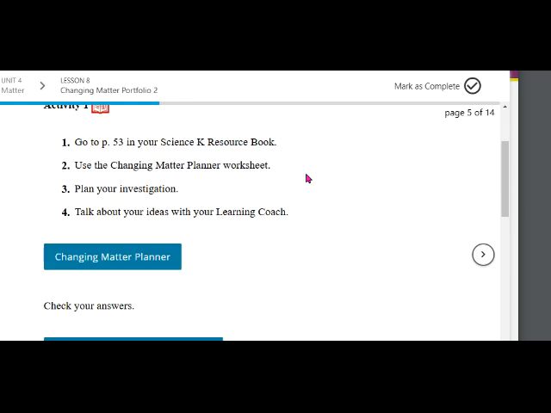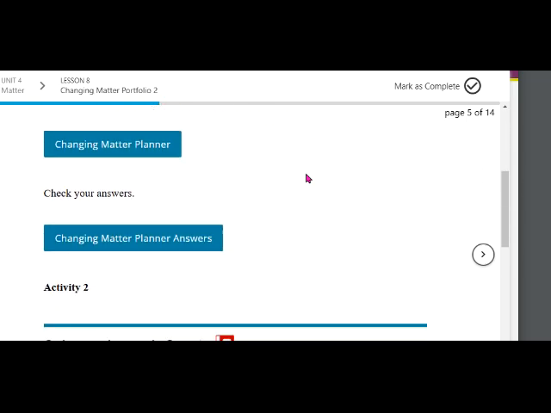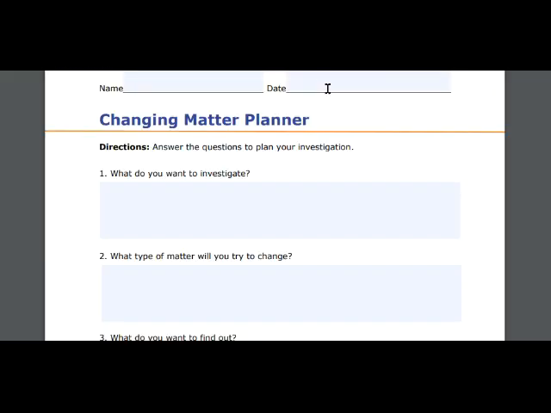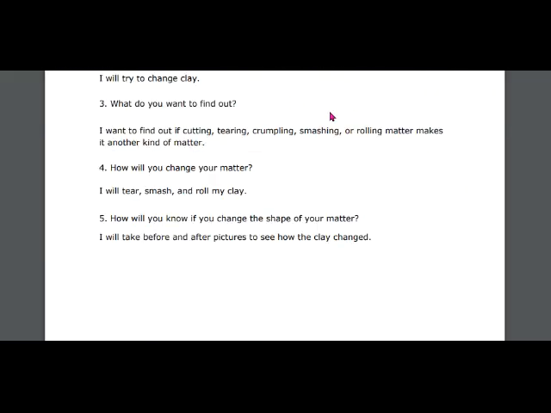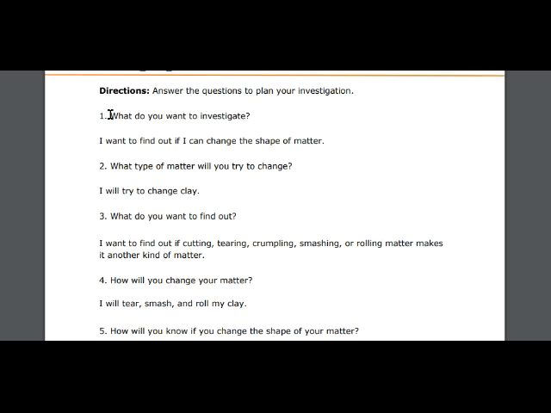All right, so here's our Changing Matter Planner. You're going to want to either print out this worksheet, write these questions down yourself on a plain piece of paper, or complete this in your science journal. Here's what the blank printable version looks like. And here's the example. So for the example, number 1, what do you want to investigate?